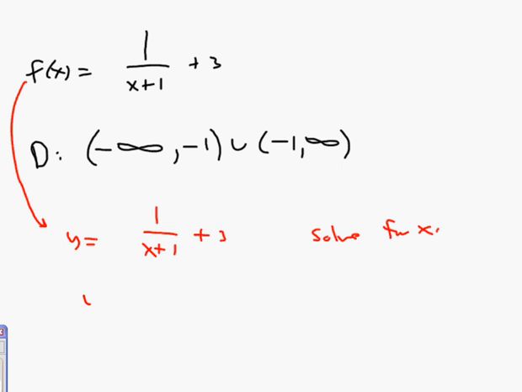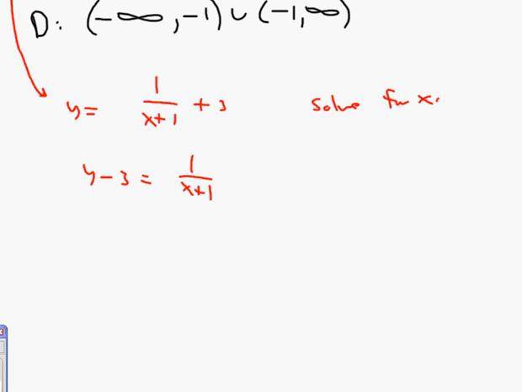I get y minus 3 equals 1 over x plus 1. Okay? I'm going to do a nice little algebraic trick here. If I were to flip the right side, take the reciprocal, I'd get x plus 1. Well, I can't take the reciprocal just on the right. To balance this equation, I have to do that on the left. And I get that expression.